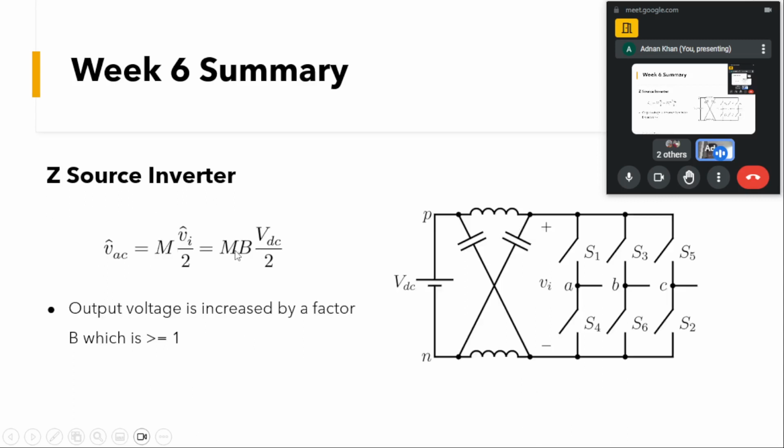When we back substitute, we get B times VDC by 2, a factor greater than 1. So we can have a greater amplitude of VAC with the Z source inverter compared to the conventional one. Higher gain, or a boost function, can be achieved compared to a simple VSI. Got it?